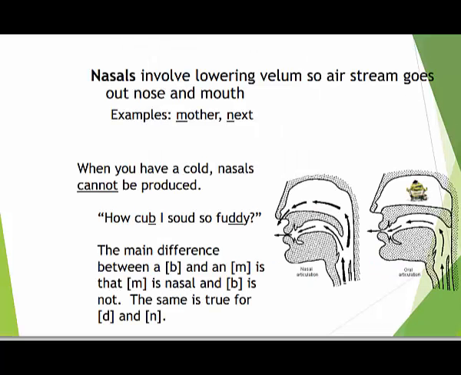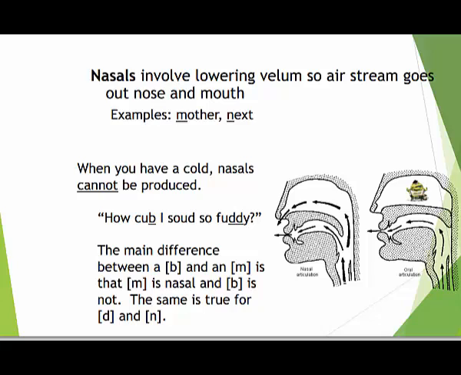Another more unusual type of manner of articulation is something called a nasal, and this involves lowering the soft palate or the velum so that the air goes out the nose, as in m in mother and n in next.